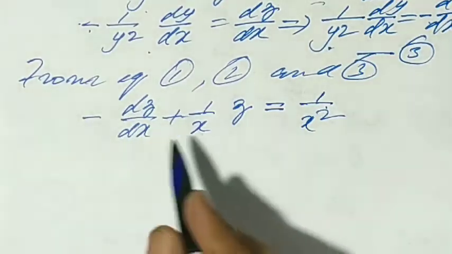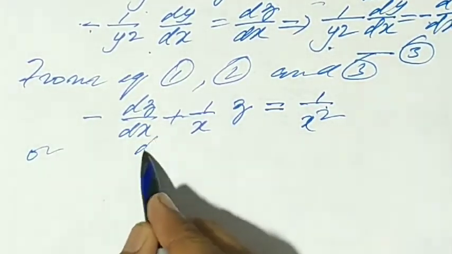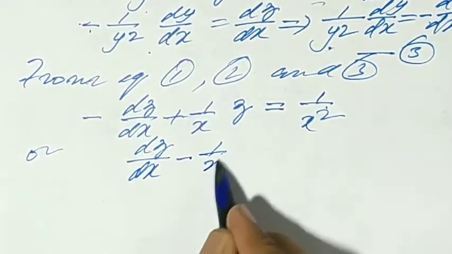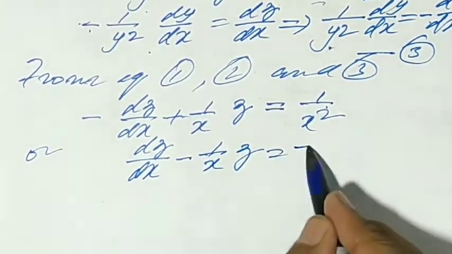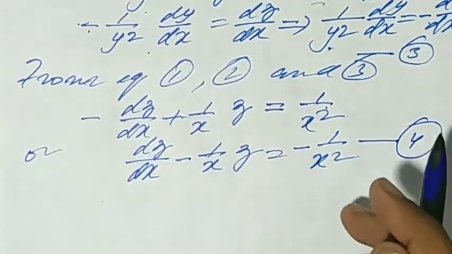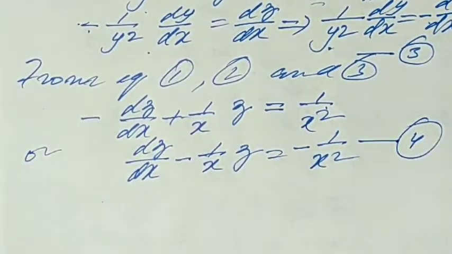Now multiplying both sides by -1 to eliminate this minus sign, we get dz/dx - (1/x)z = -1/x². Let it be equation number 4, which is perfectly a linear differential equation.